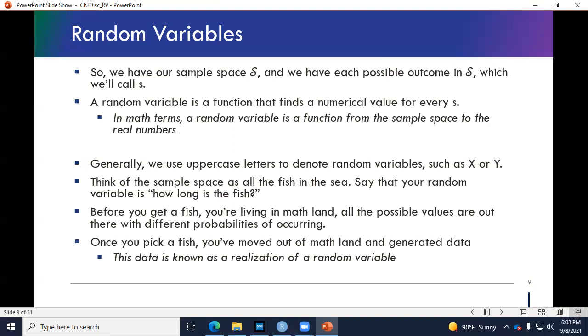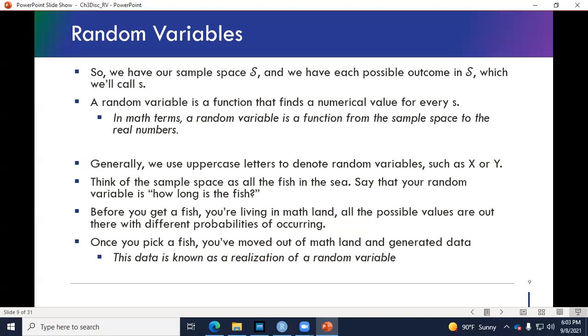Before you get a fish, it's still a random thing. Before you get it, they're still in the ocean. You don't know how long the fish you are going to get is, so you are still living in the math land. All the possible values are out there with different probabilities of occurring. So you pick a fish, it can be this long or that long.